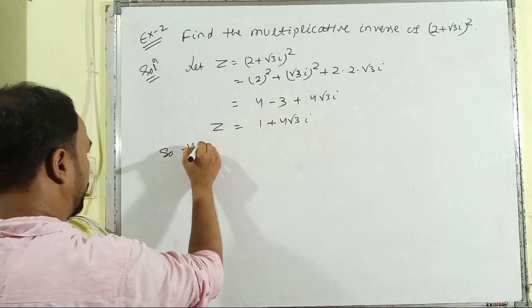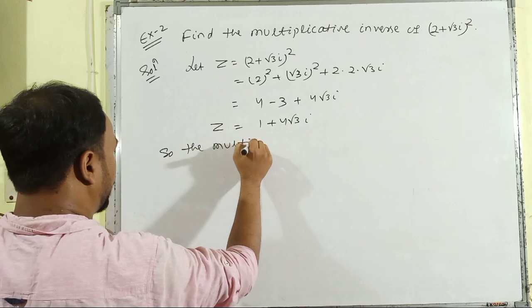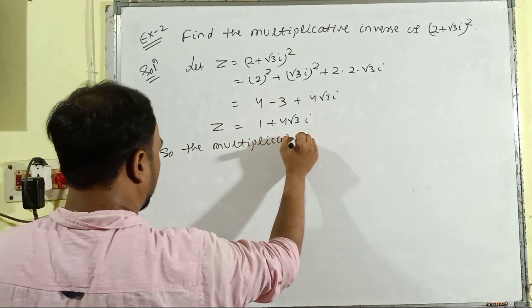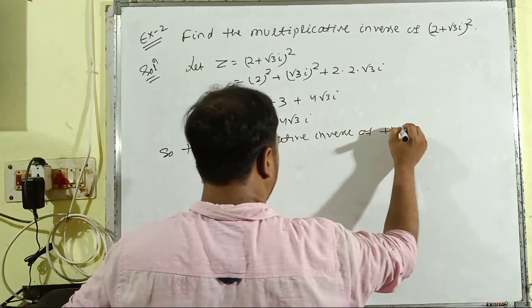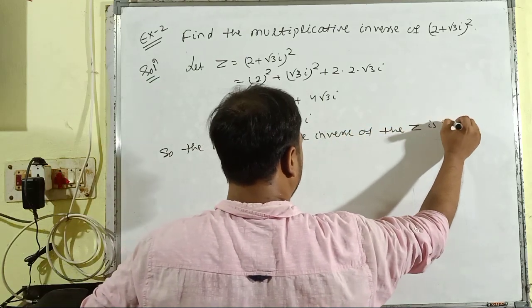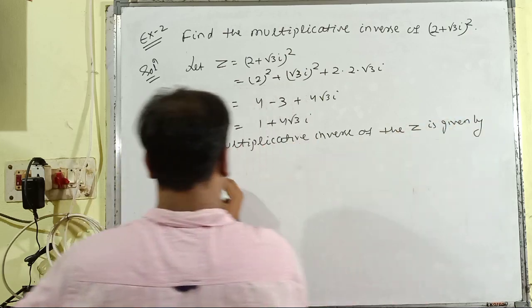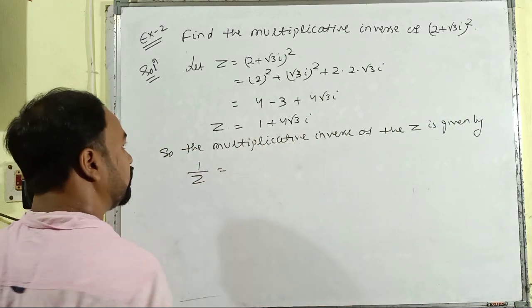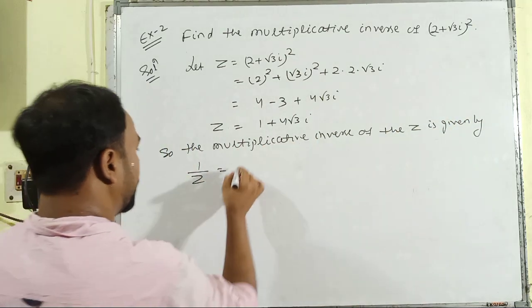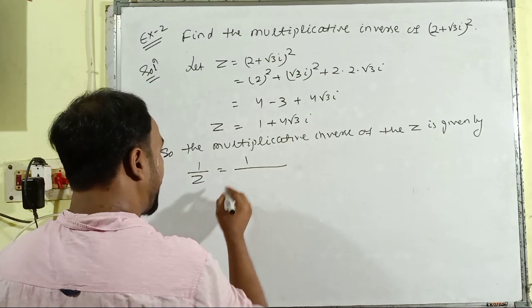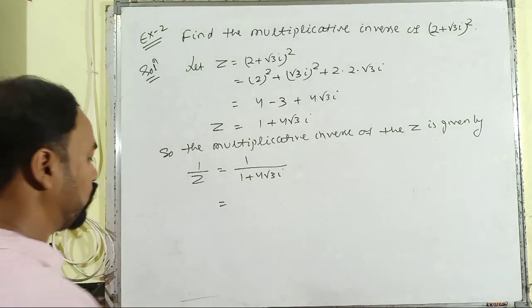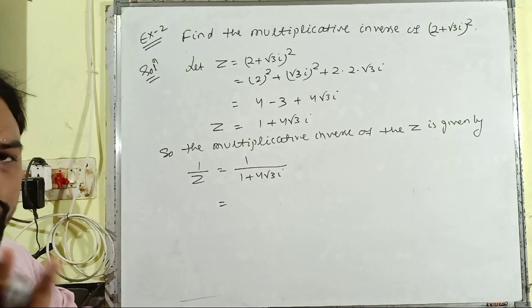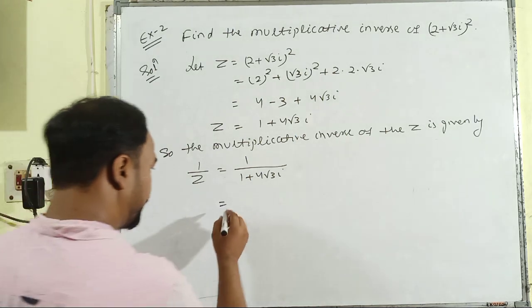So the multiplicative inverse of z is given by 1 upon z, and it will be 1 upon 1 plus 4 root 3i. Then we have to go through the multiplication of the conjugate of the denominator.